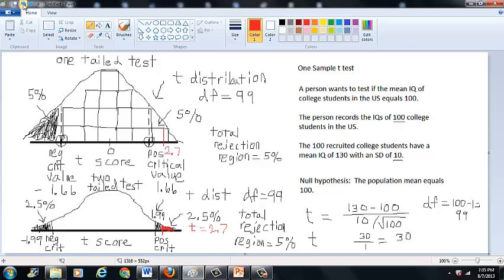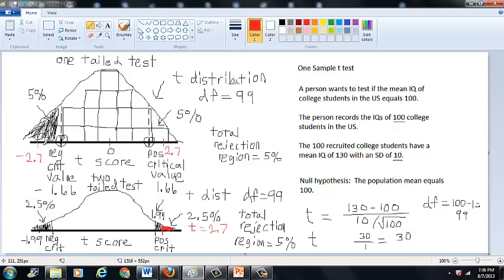If you end up with negative 2.7 as your t-score down here in a one-tailed test, it's further to the left of negative 1.66, which is our negative critical value.